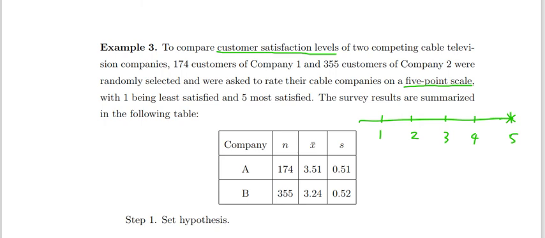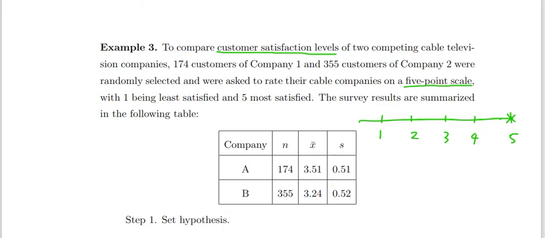For company A, we checked 174 people, and their average score is 3.51, with this standard deviation. The data is just from 1, 2, 3, 4, 5, right? And company B's average is 3.24.